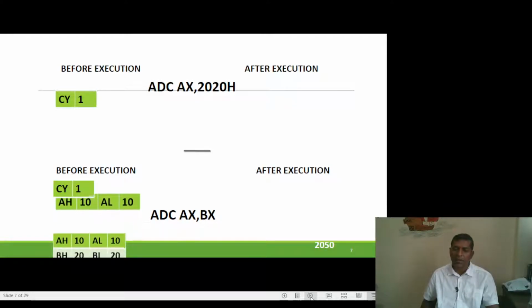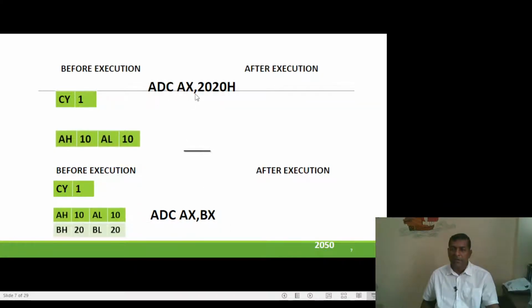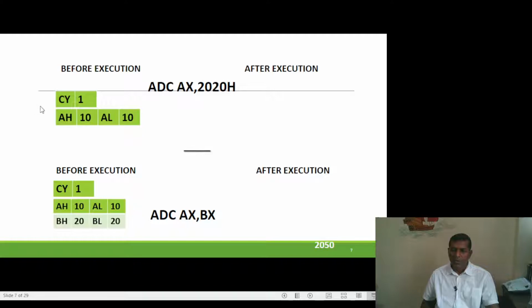This is an example: ADC AX, 2020. Here the carry flag is set to 1. So the 2020 will be added into AX, which has 1010, and then the carry flag will be added to this. The second example is ADC AX, BX. Contents of BX will be added into AX with the carry.